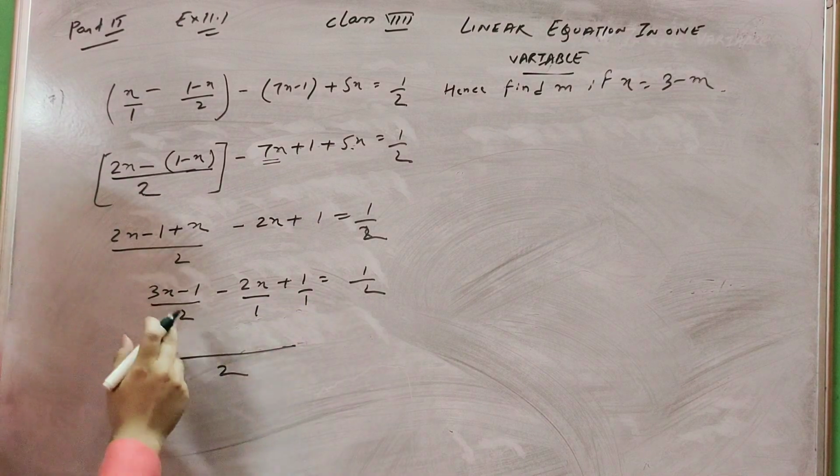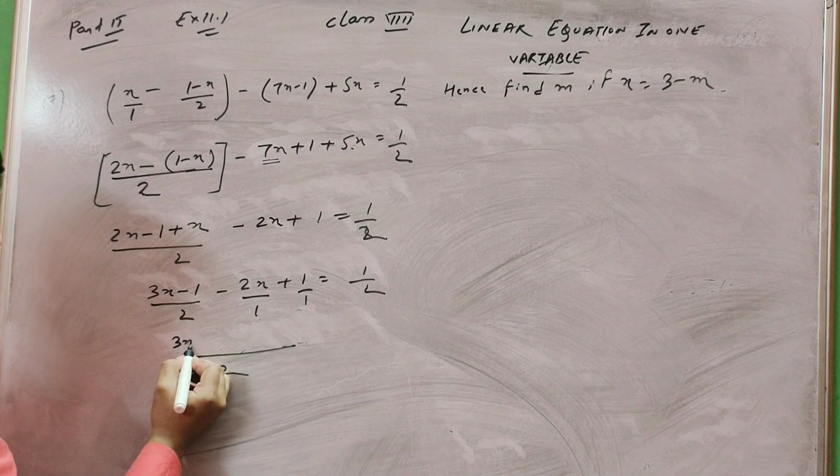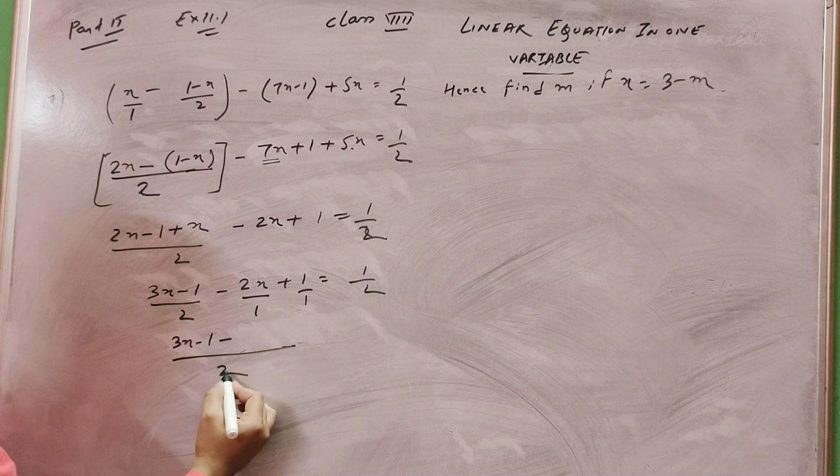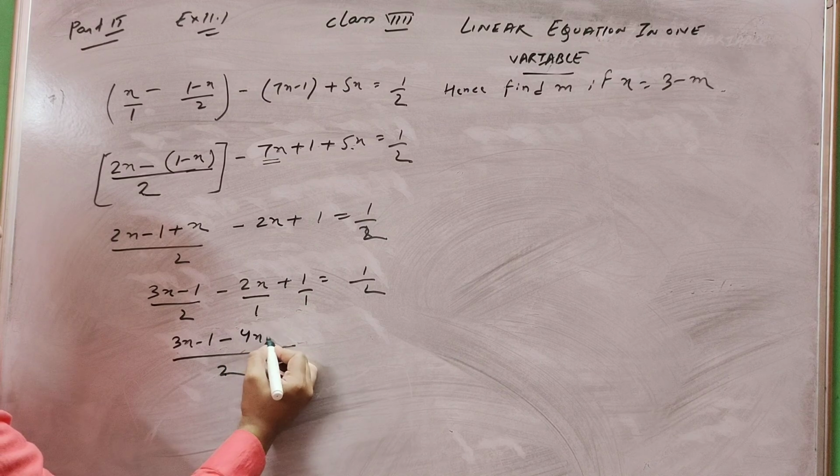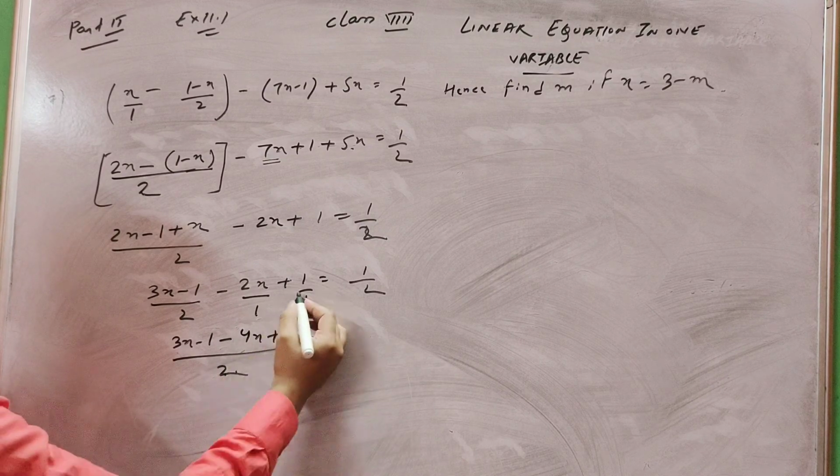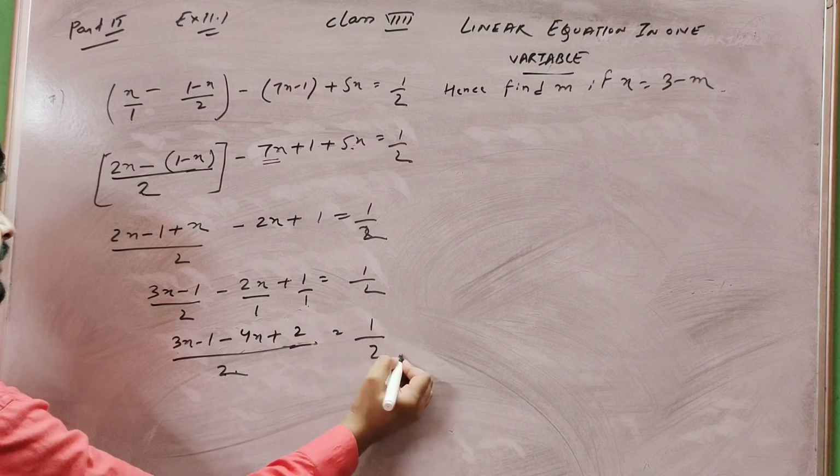2 divided by 2 is 1, so 1 multiply (3x minus 1) is 3x minus 1, minus 2 into 2x is 4x, plus 2 into 1 is 2, equals 1 by 2.